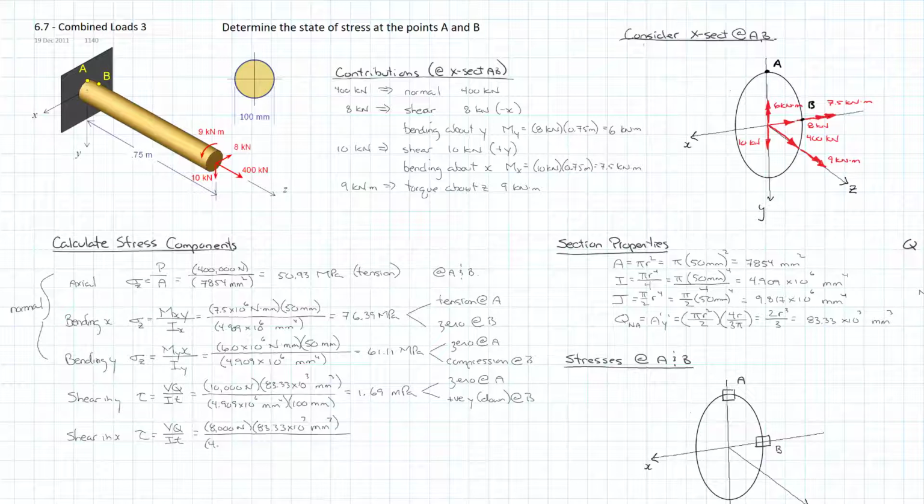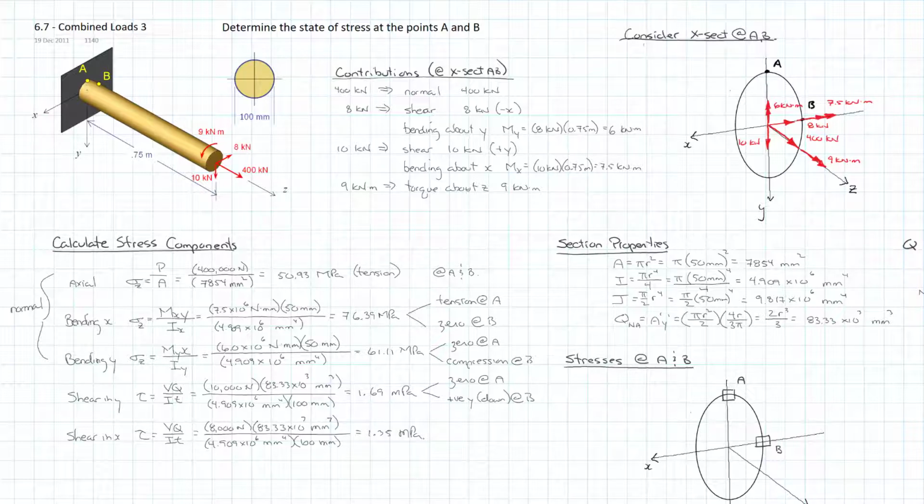I is the same, 4.909 times 10 to the sixth millimeters to the fourth, and our diameter of 100 millimeters is our thickness, and that's equal to 1.35 megapascals. So this is the 8 kilonewtons going off in that negative x direction, in conjunction with that bending about the y-axis.